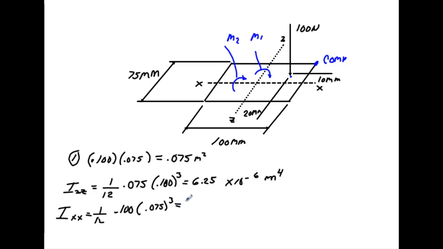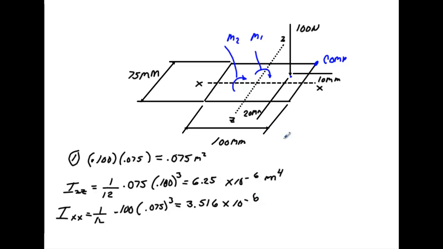So 1 divided by 12 times 0.1 times 0.075 to the third power gives me a value of 3.515625 times 10 to the minus 6.